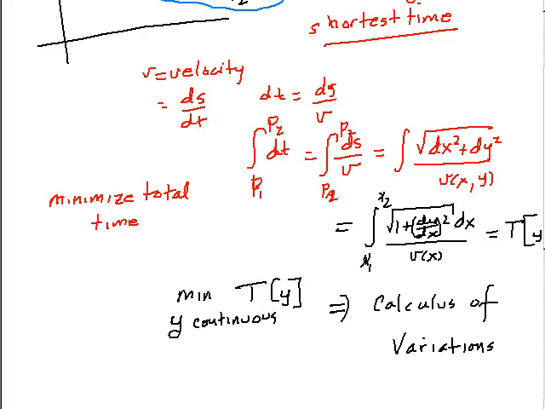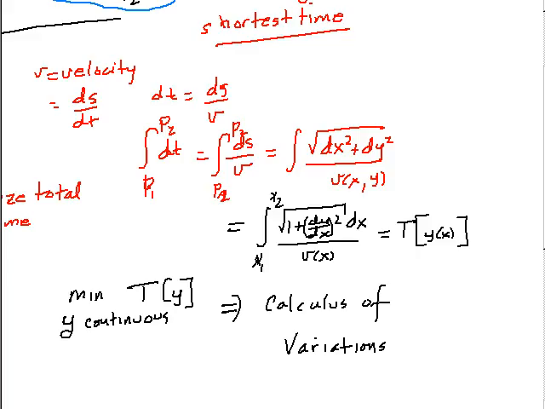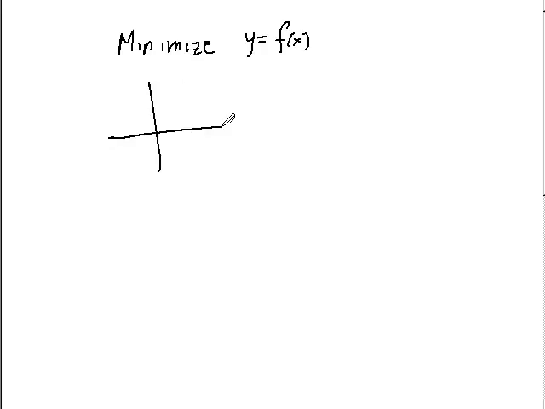Now, minimizing an integral will give you something analogous to when you minimize a function of a single variable. What do we know? When we minimize, say, y equals a function of x, we know that if we look at the graph of it, at the location of the minimum and the maximum, you have a horizontal tangent.